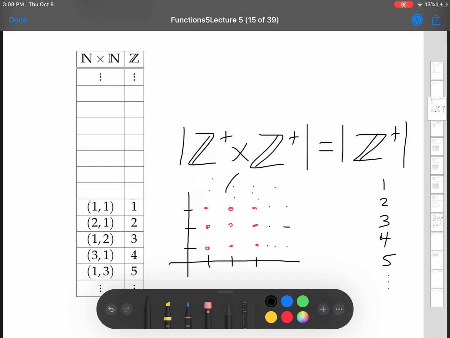And if you remember, we had a one-to-one and onto function, a bijection, from Z plus cross Z plus to Z plus, some function f.